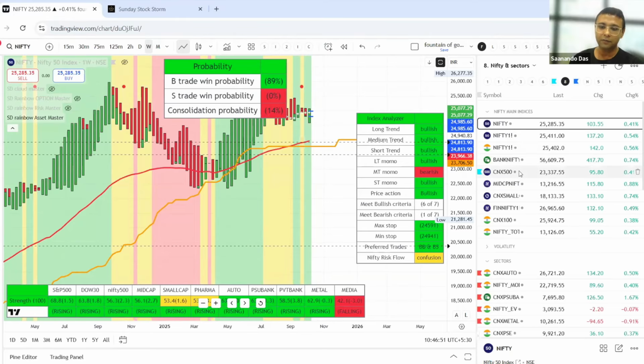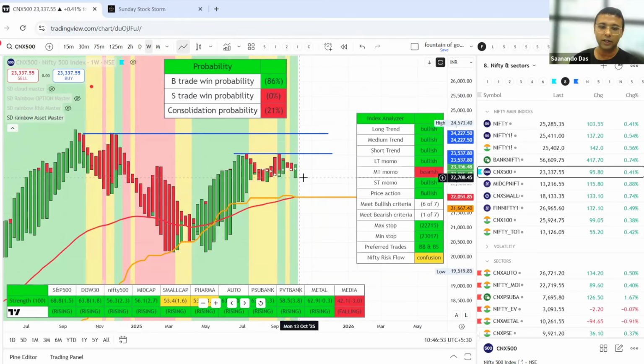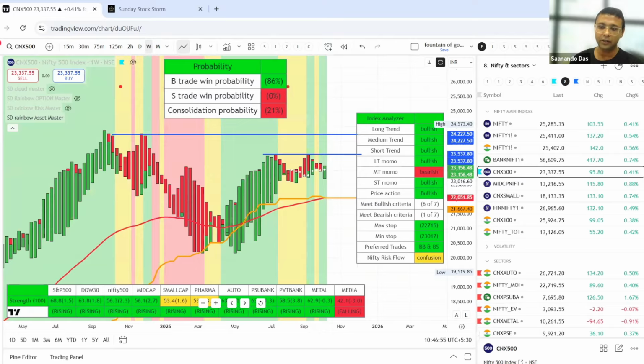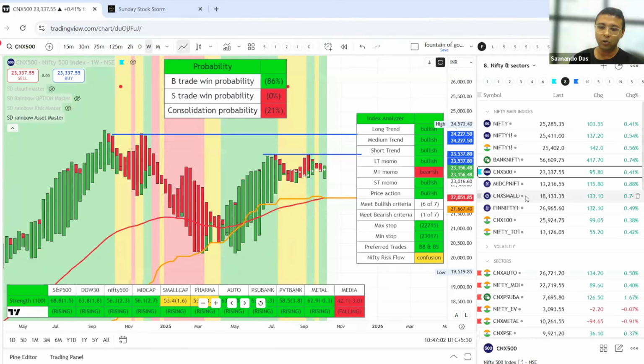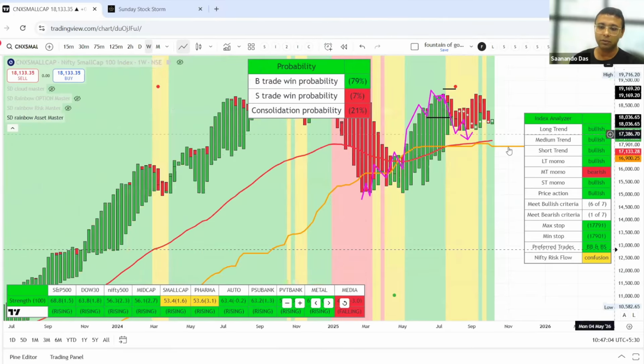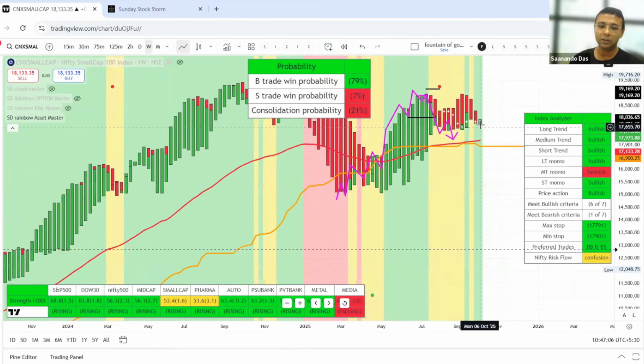If I look at the Nifty 500 chart, a full green candle, much bigger, we are looking at the weekly chart, 86% win probability. But if I take a look at the small cap, the candle is much smaller. It is better, bullish, but not as bullish as Nifty 50 or Nifty 500.